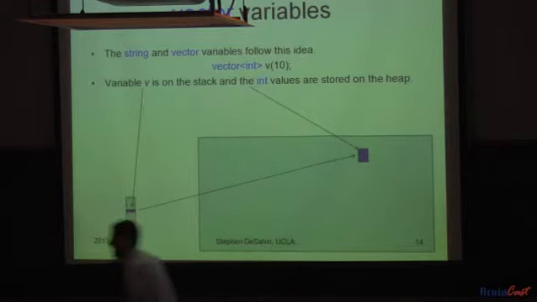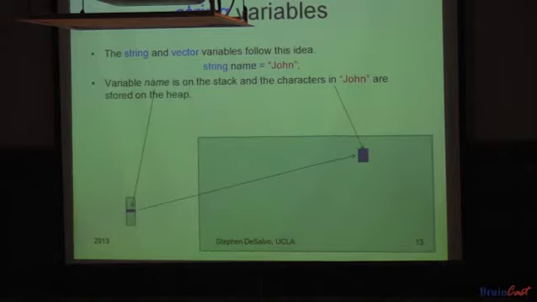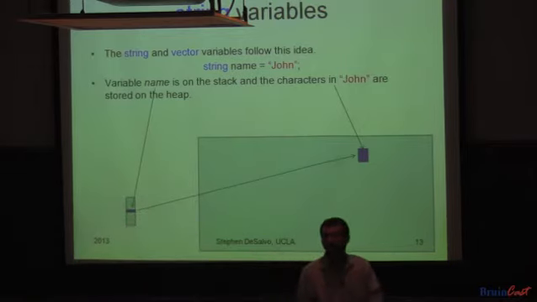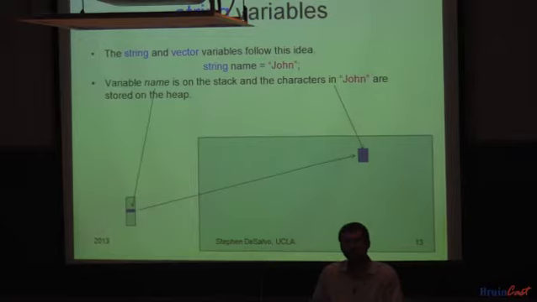And in fact, it's not just vector. How do you think a string works? Same thing. Now, name is not a pointer, right? Name is an object. But if it's a class object, what does it probably contain as a member?